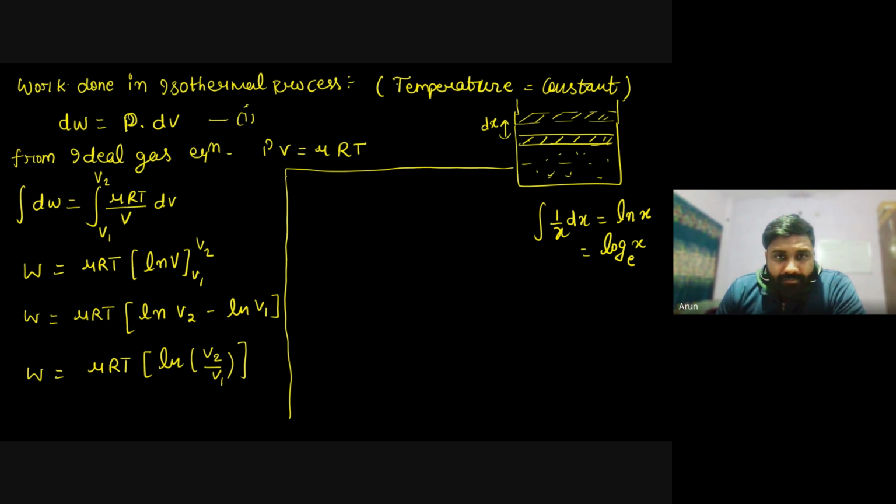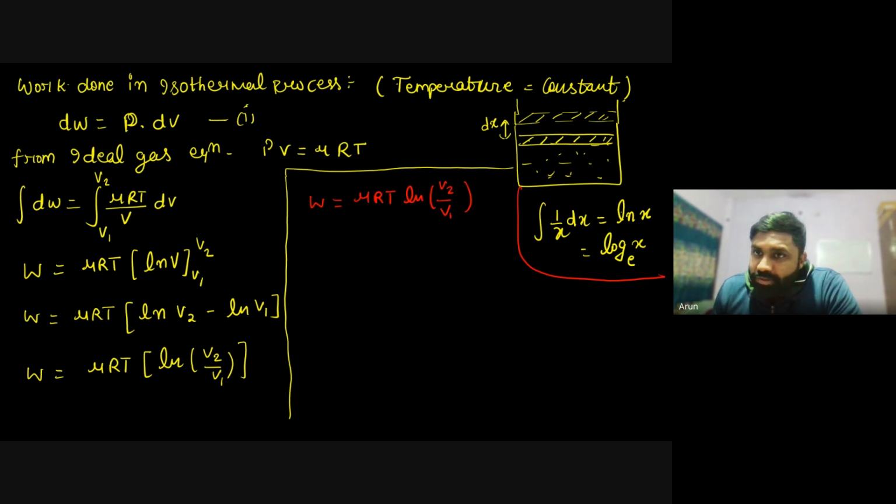So the work done finally we will have is mu RT ln V2 by V1. Now this ln is log base e. We want to convert this into base 10. So for base 10, we will have a modification here.